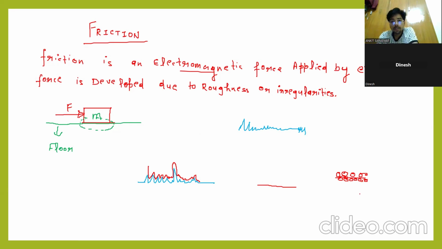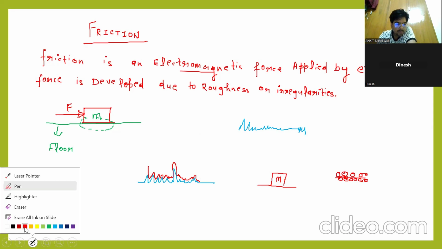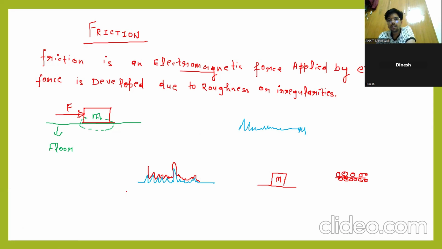Because of this, there is one contact force that I will draw here. Sir, but the atoms are neutral. In both the block and the floor, the atoms are neutral.